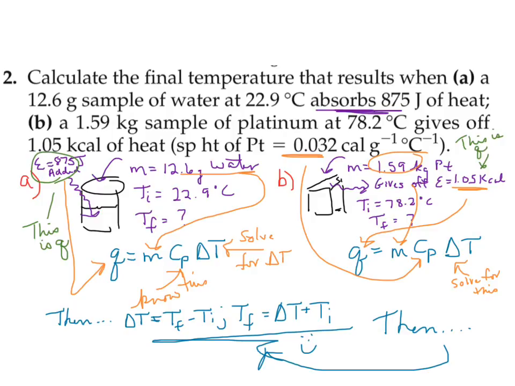But again, you can rearrange this. You know Q, you know m, you know specific heat, you don't know delta T. I would find delta T first, and then after I have delta T, say, well, I know my initial temperature, but I don't know my final. That's how I would do it. I know you could just do it in one equation, but I kind of prefer it that way. Okay, that's it, man.